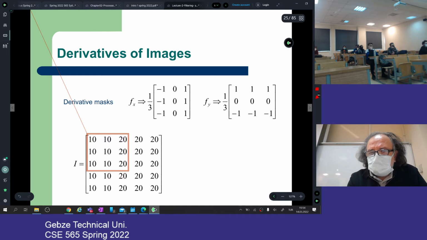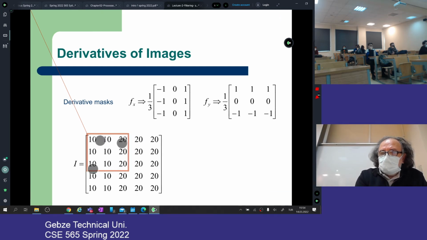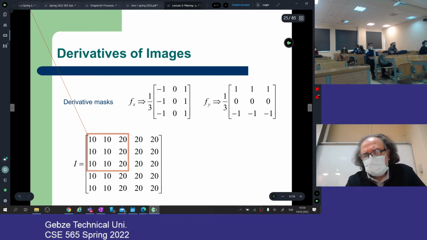So this one is like the central difference operator, but 3 rows. Get these and multiply it with this one. Add the results up and divide it by 3, and that will give you the derivative in the x dimension around this point.